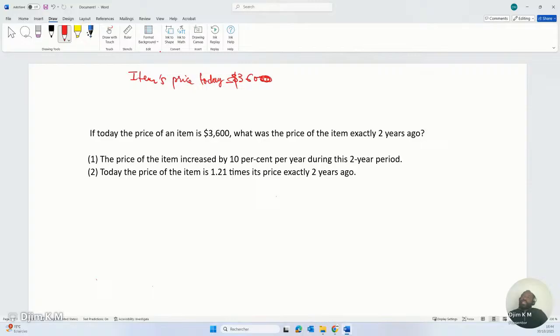Okay, so today it is this value, but the condition here says that for us to arrive at this 3,600, the price of the item has been subject to an increase of 10% per year.